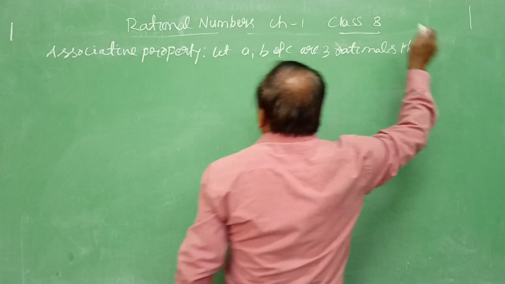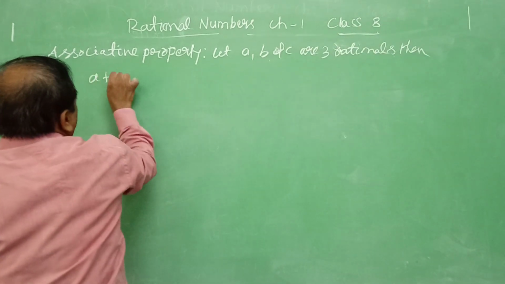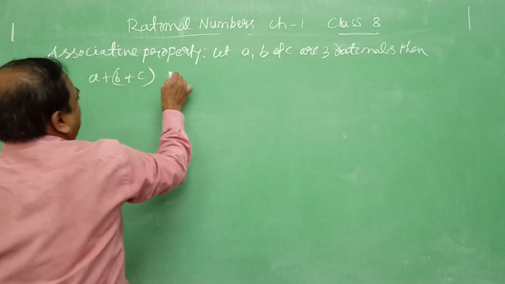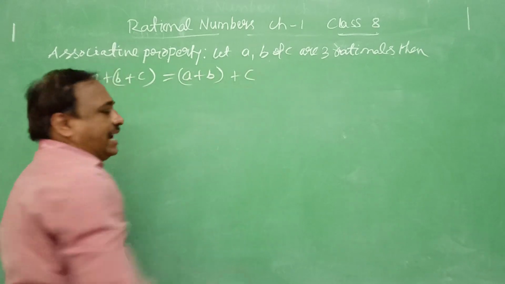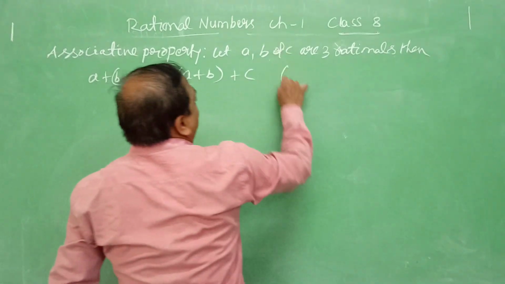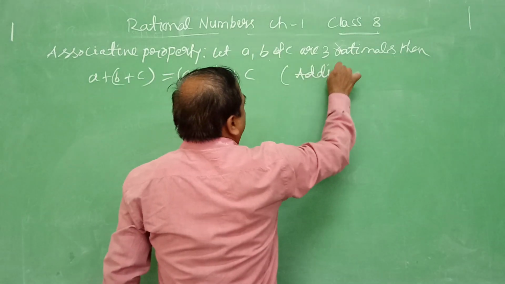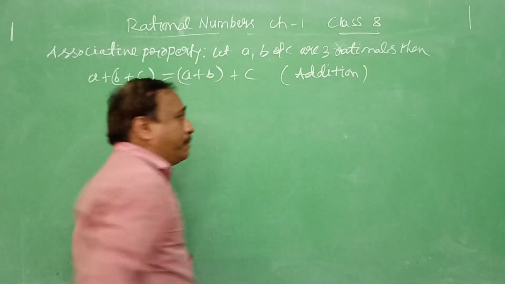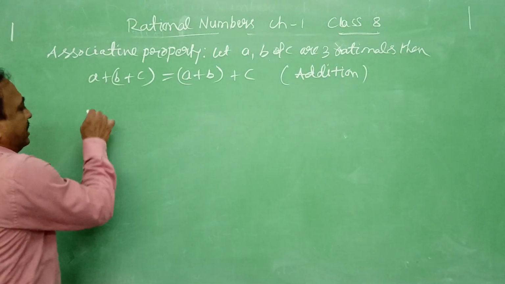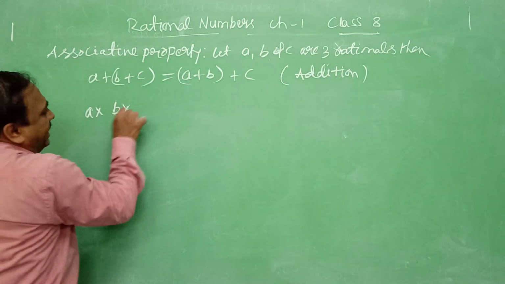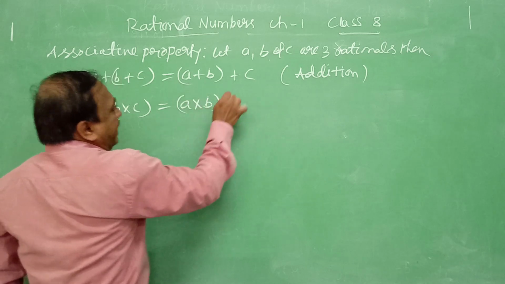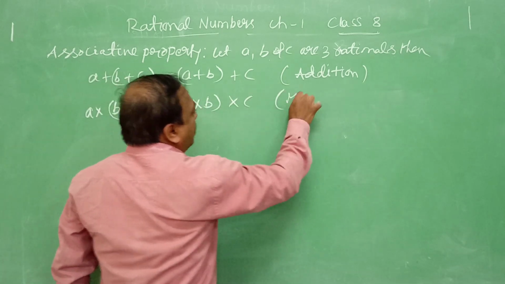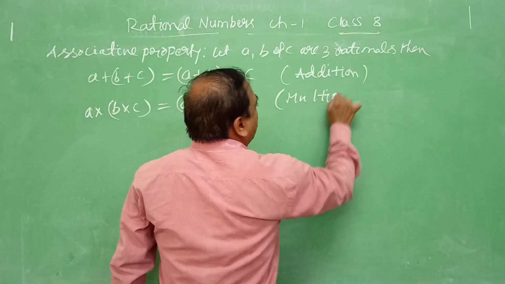Then A plus, bracket for B plus C, should be equal to A plus B, bracket for A and B, plus C. This is in addition. And the same property under multiplication, that is A into B into C is equal to A into B into C. This is for multiplication.